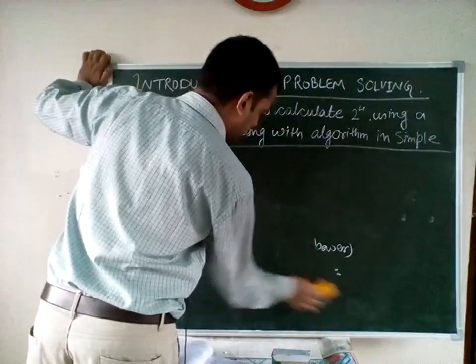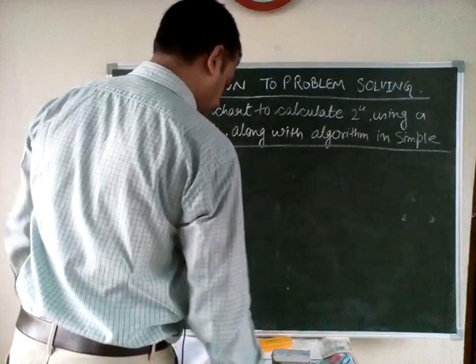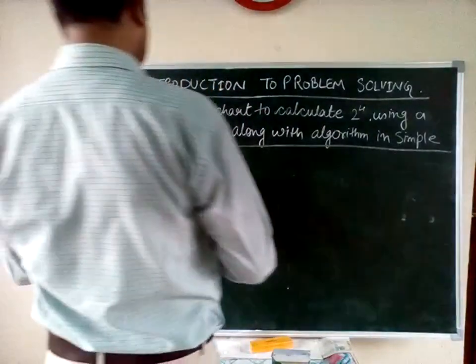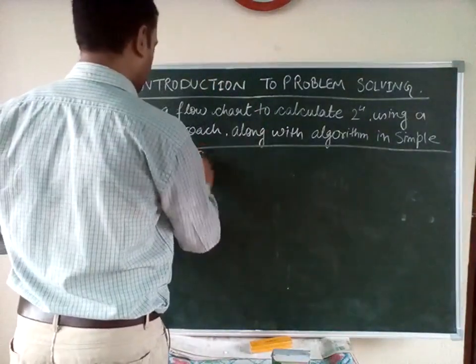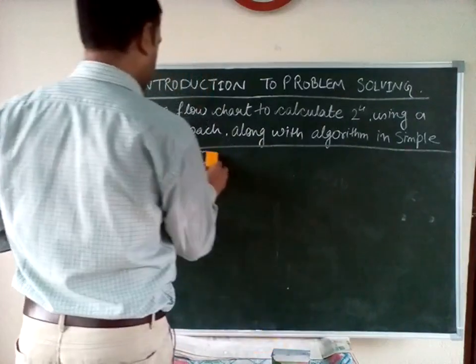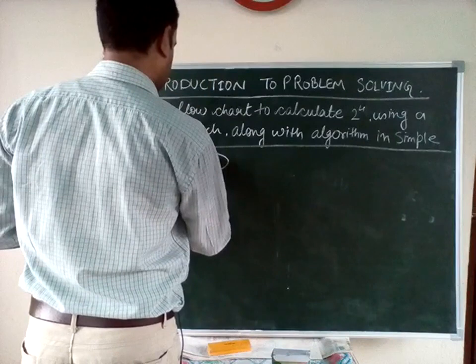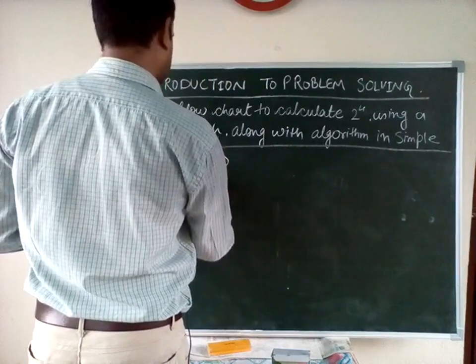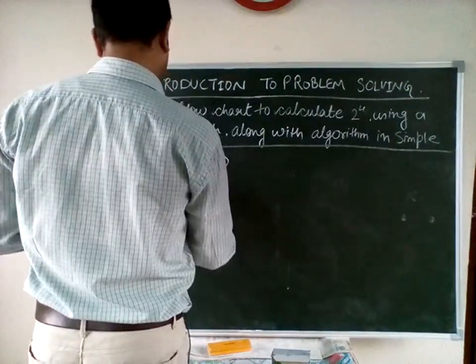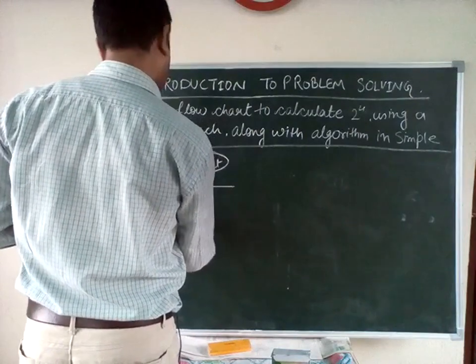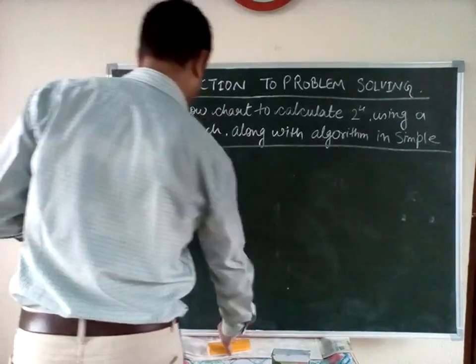Now after writing the algorithm, you can design the flowchart as I am showing you. This is very small. First you will start it, then you will take two input values.